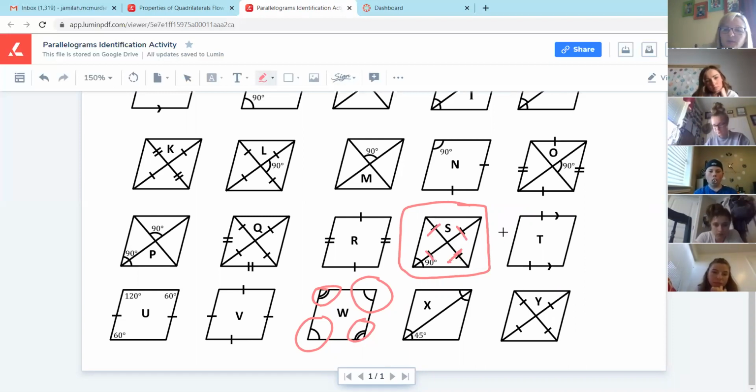So what can you tell me about this diagonal, this whole thing, compared to this whole thing? Let's just put a number on it. Let's say the length is like 2. So if this length is 2 and this length is 2, how long is that whole diagonal?